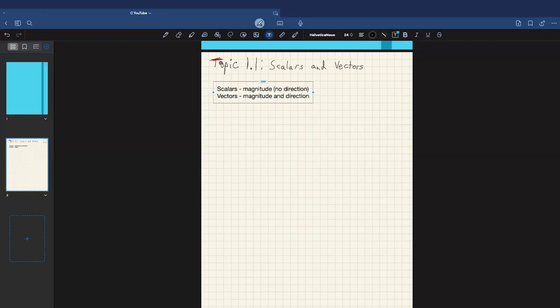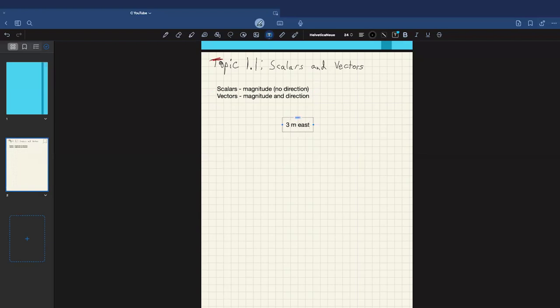So one way that I like to think about vectors versus scalars, and it works most of the time, and I think actually it works every single time for AP Physics C. It's once you get into the higher level physics where it might not work quite so well. If you can assign a cardinal direction to something and it makes sense, then you're dealing with a vector quantity. So for example, I could say that I walked 3 meters east, right? So if I walk 3 meters east, east is that cardinal direction.